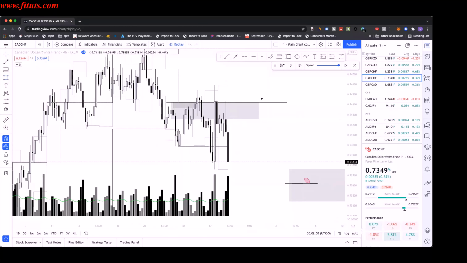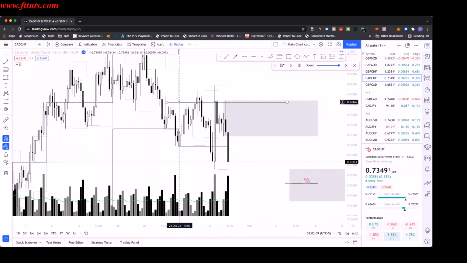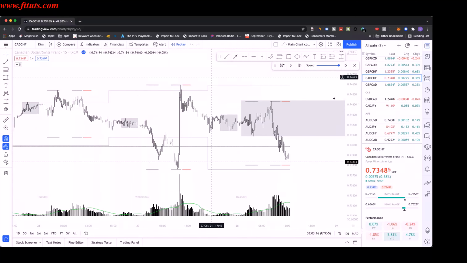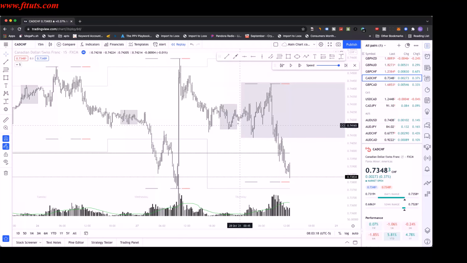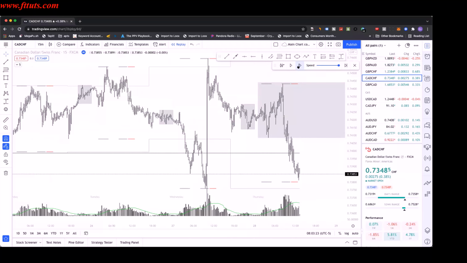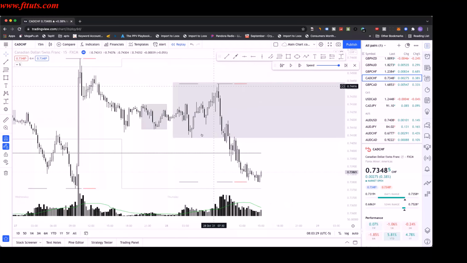So I like to pay attention to these engulfments and then look at what's happening inside these. Not seeing anything too clear on this. And you have your high, your low, your high, your lower low here.